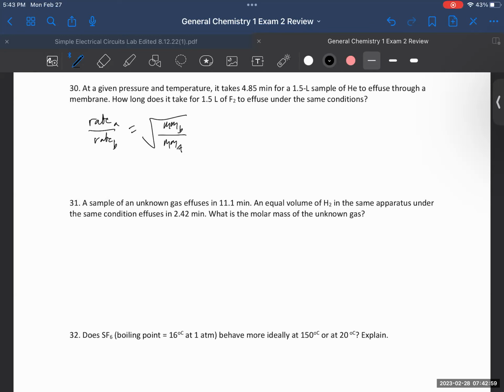So the thing to know with gases is that the smaller the molar mass, the bigger the rate of diffusion. Effusion is something fitting through a hole. Diffusion is something coming out of the hole. So effusion is going in, diffusion is coming out.